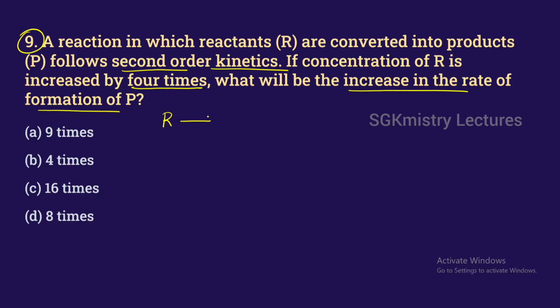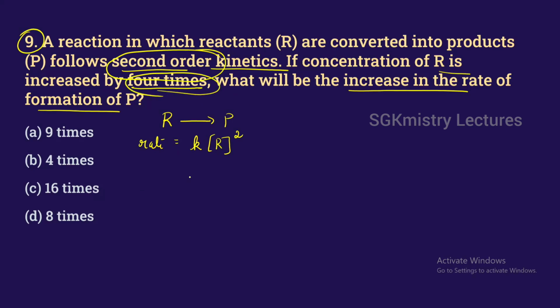So we know that R gives products, reactant give product. So rate is equal to K into concentration of R. We know that when we are writing the rate equation, rate will be equal to the rate constant into concentration of R. Now we know that it is second order reaction. So of course it will be R square. So now concentration of R is increased by 4 times.